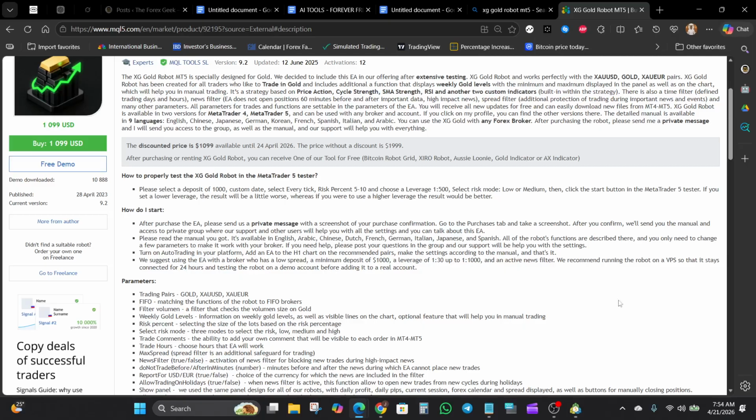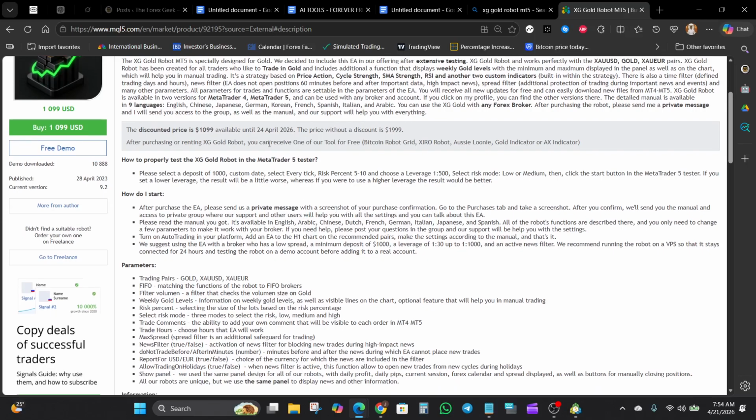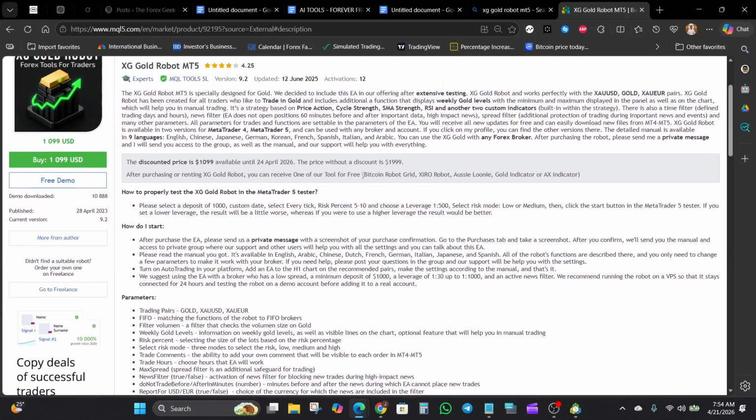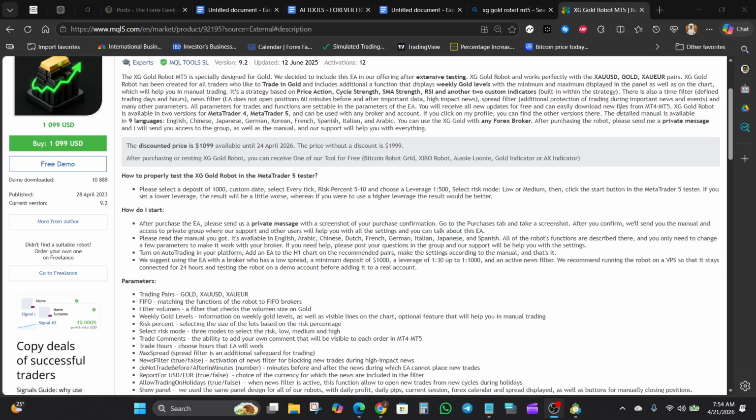It also includes quite a number of filters and controls, such as a time filter. Let's go through the part where the different kinds of filters were mentioned.